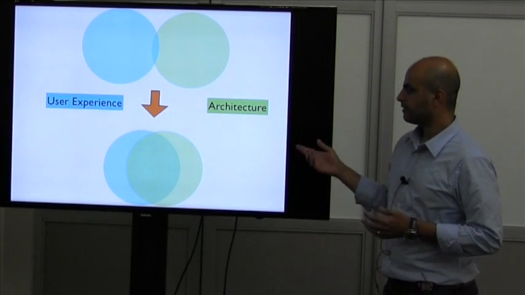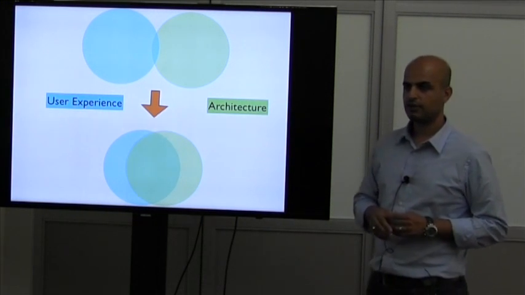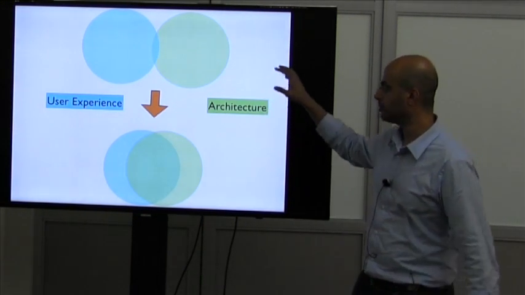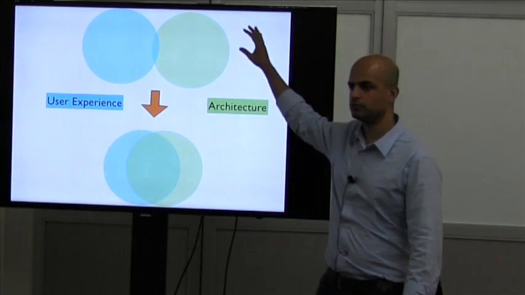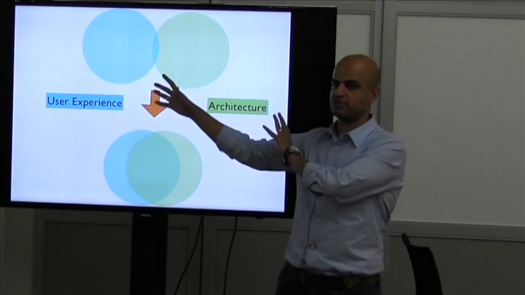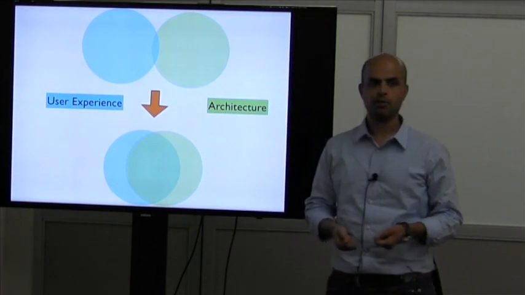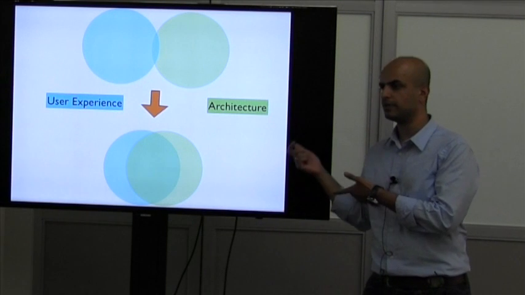And really that brings us to the end of the presentation. When we started off, we were operating in this zone where user experience did their thing and the architects or the developers did their thing, and there was just a handoff between those, like, hey, I want you to build this, and the developers go build it.